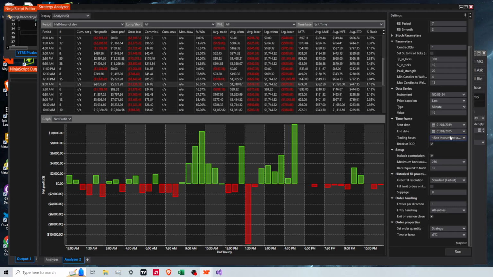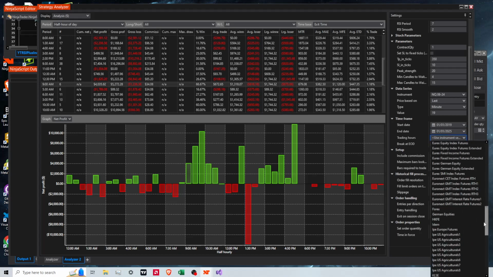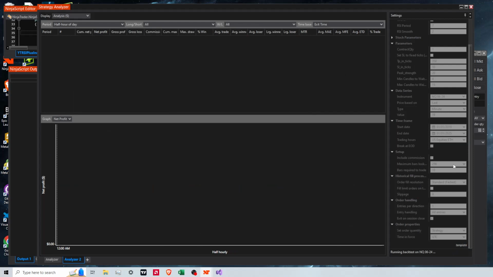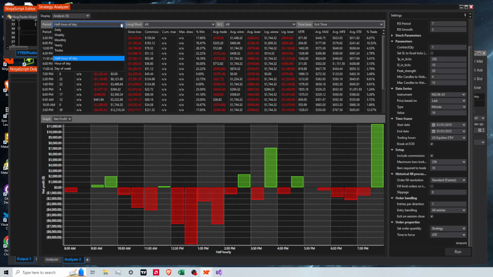cut out. Let's try only during U.S. market open. Oh, that's not it. That's extended trading hours. We'll see if that helps it out at all. Yeah, that hurt it because now it's only trading the times we don't want it to trade.